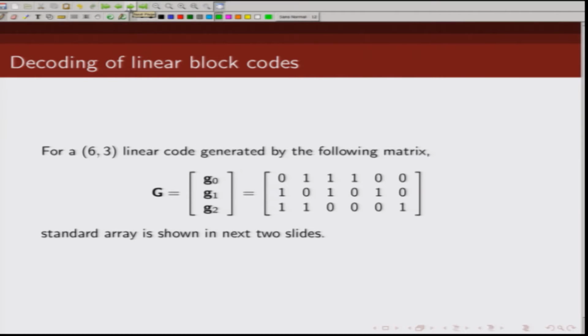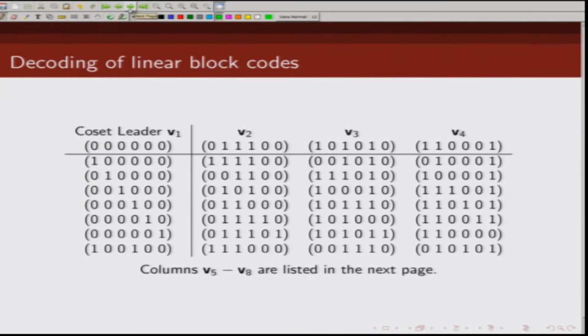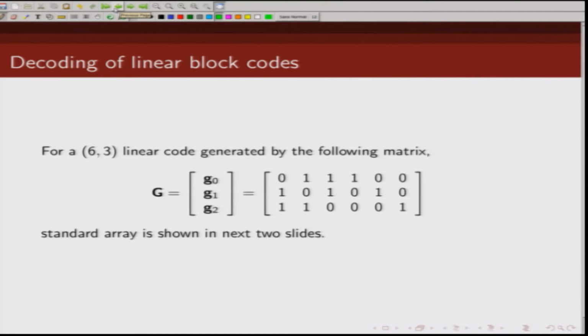So, let us look at a 6-3 linear block code whose generator matrix is given here. Now, how do I find its standard array? So, as I said, the first step involved is you need to write down all possible code words.